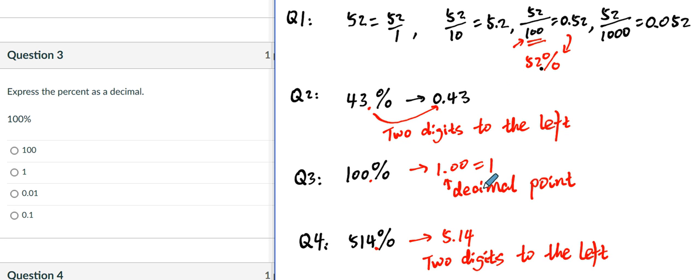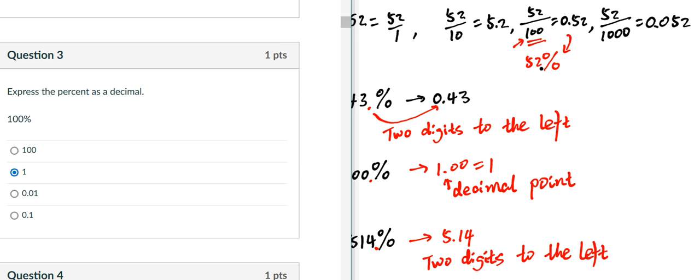That will be what? The decimal point was here, then 2 digits to the left. So you will get right here. And 1.00 equals 1. So in this case, the answer will be 1. You would click this one.